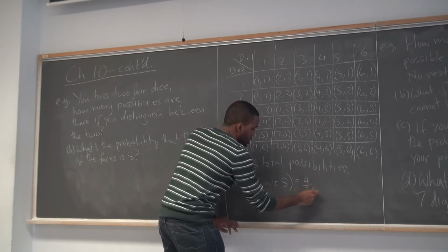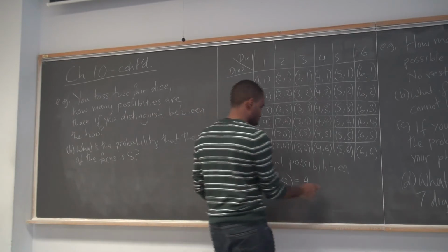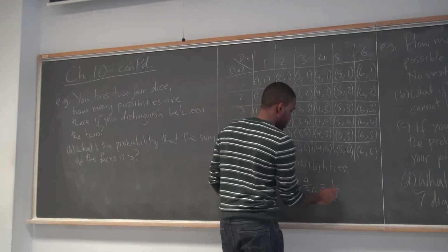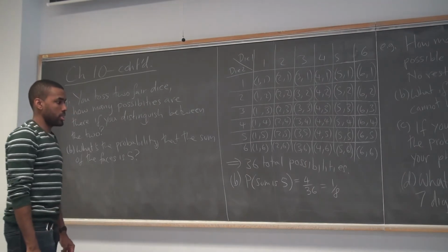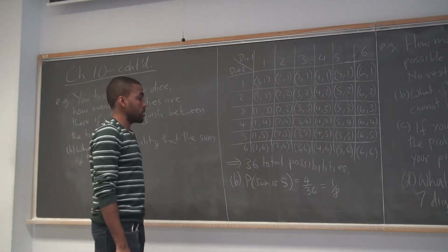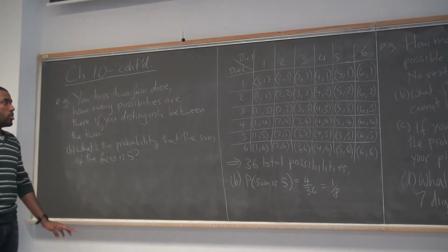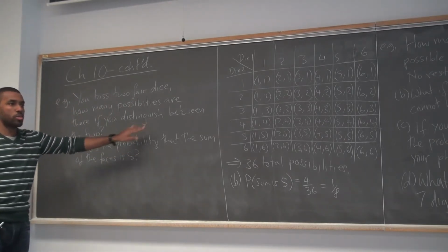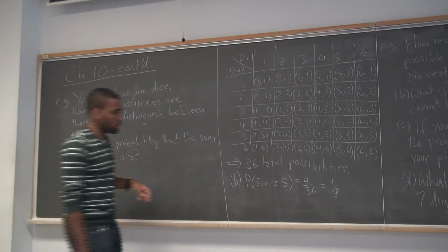Four out of 36, which is 1 out of 9. So there's about an 11% chance that the sum is 5.